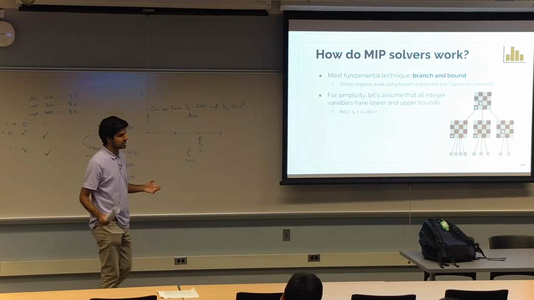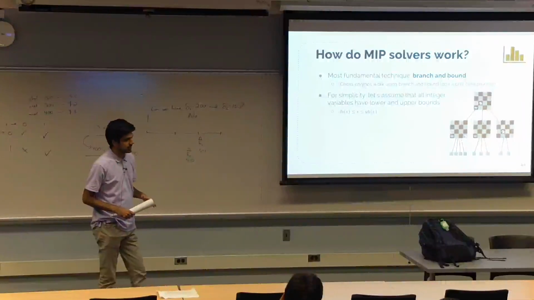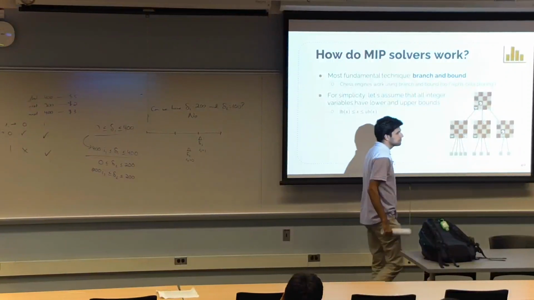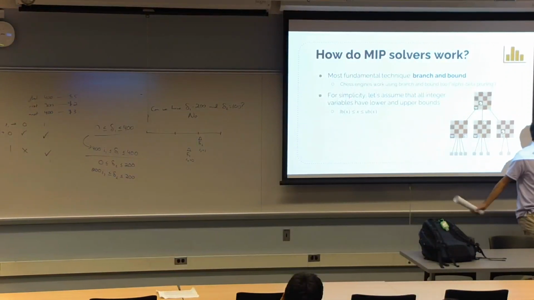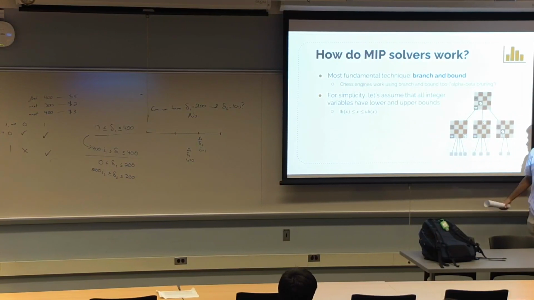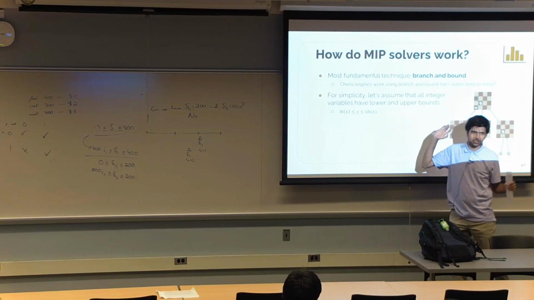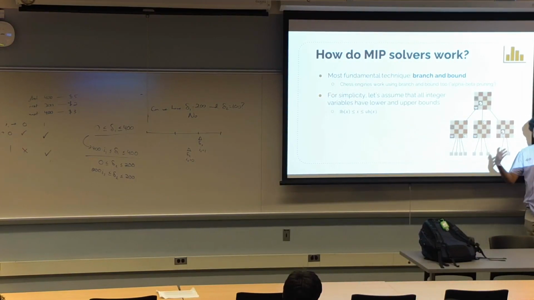So the skeleton of the technique that we'll talk about can be used for a lot of different things. For simplicity, we'll just assume that our variables are bounded. I'm not going to produce more than 10 to the 15 ducks. In the real world, most things will have some sort of bound to them.